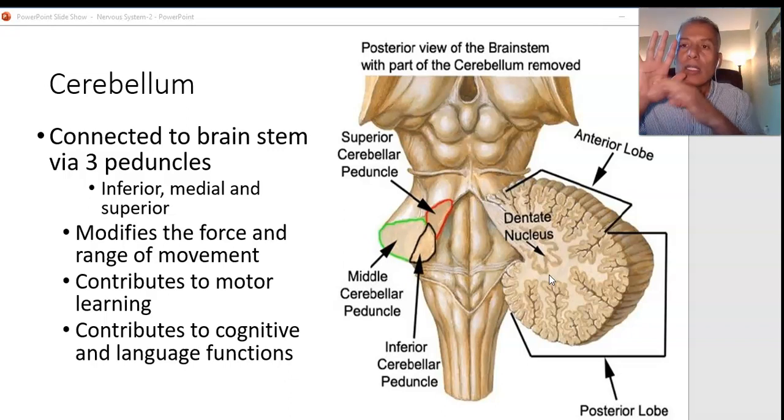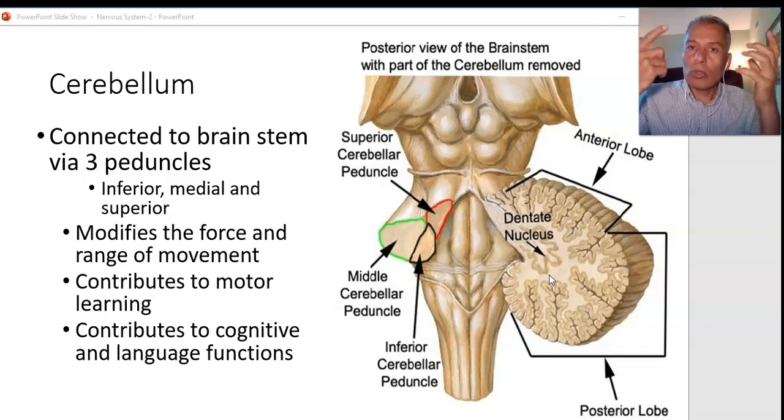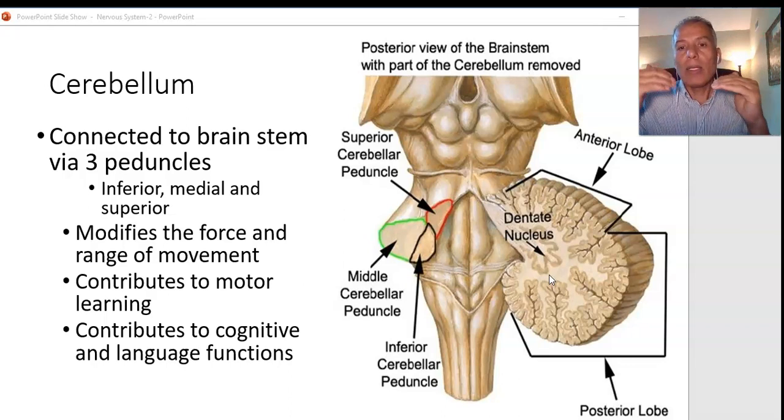You want that, but it's happening the wrong way. So it identifies inconsistencies between the motor command and what the muscles and joints are really doing down there. And then it sends feedback to the cerebral cortex, where motor planning and motor commands are made, and then you are able to correct the movement as the movement continues to be produced.